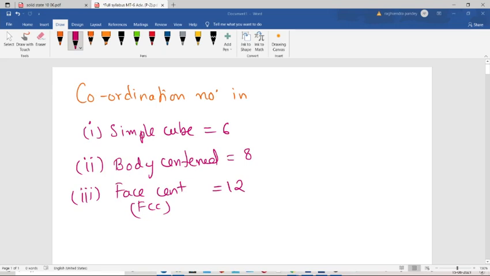For 1 unit cell, the packing fraction will be 11 by 21, and for 8 unit cells also the packing fraction will be 11 by 21. So always remember that packing fraction doesn't change with the change in the unit cell. Got it?